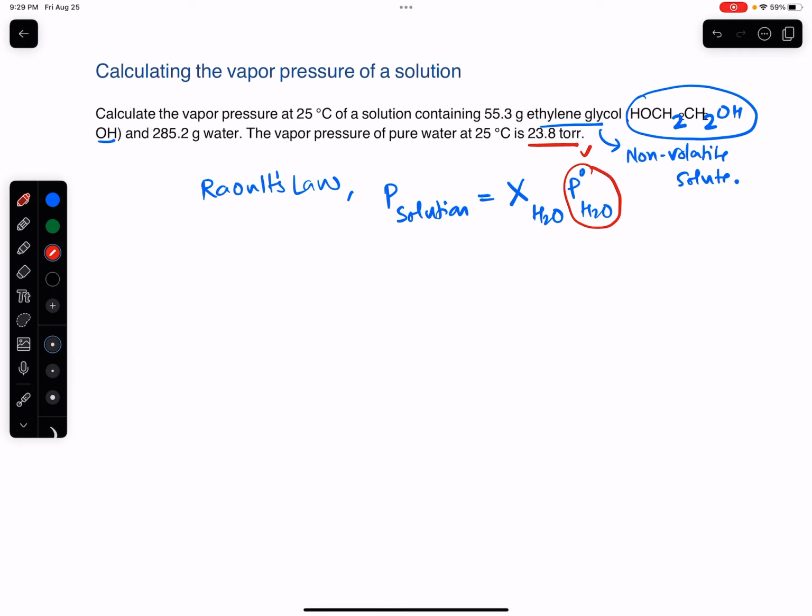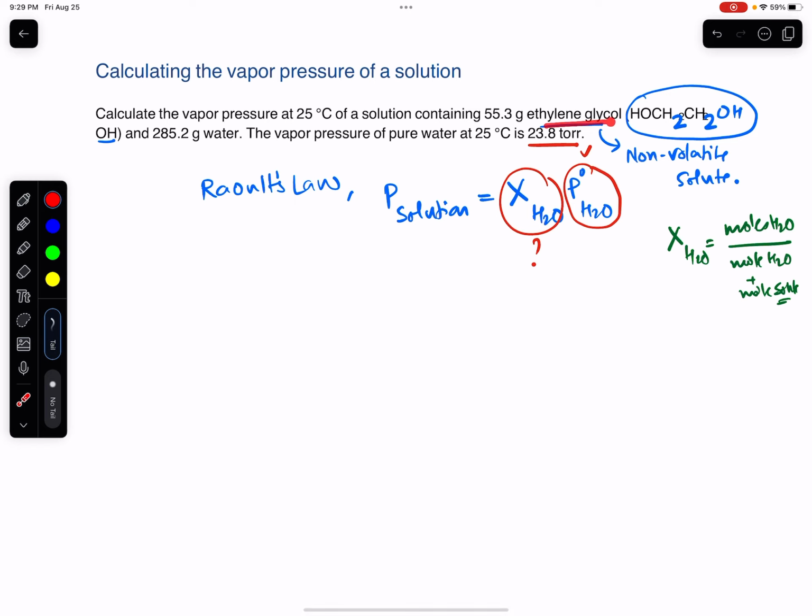The challenge is, how do you find the mole fraction of water? So to find the mole fraction of water, we need to understand what the definition of mole fraction is. So we're going to write mole fraction of water is equal to moles of water divided by moles of water plus moles of solute, which in this case is the ethylene glycol.